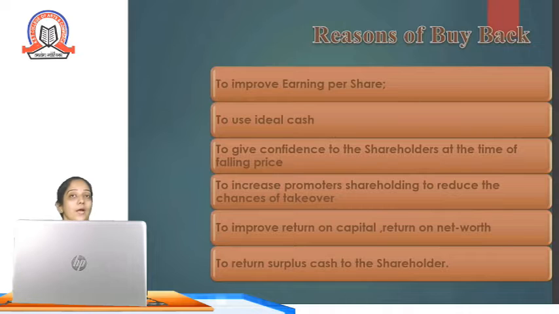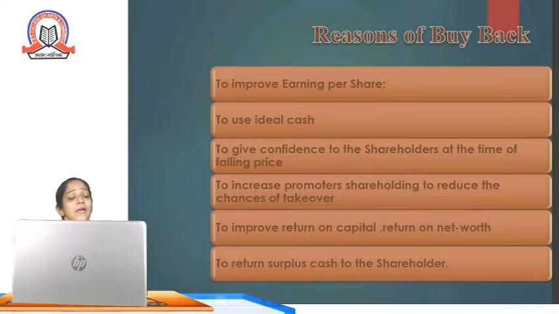Number one, we have to improve the earning per share. As the number of shares decreases, the per share dividend distribution will increase. For example, if a company has 10,000 shares and buys back 2,000 equity shares, then for the remaining 8,000 shares, the shareholders will get a good earning per share in the coming years.